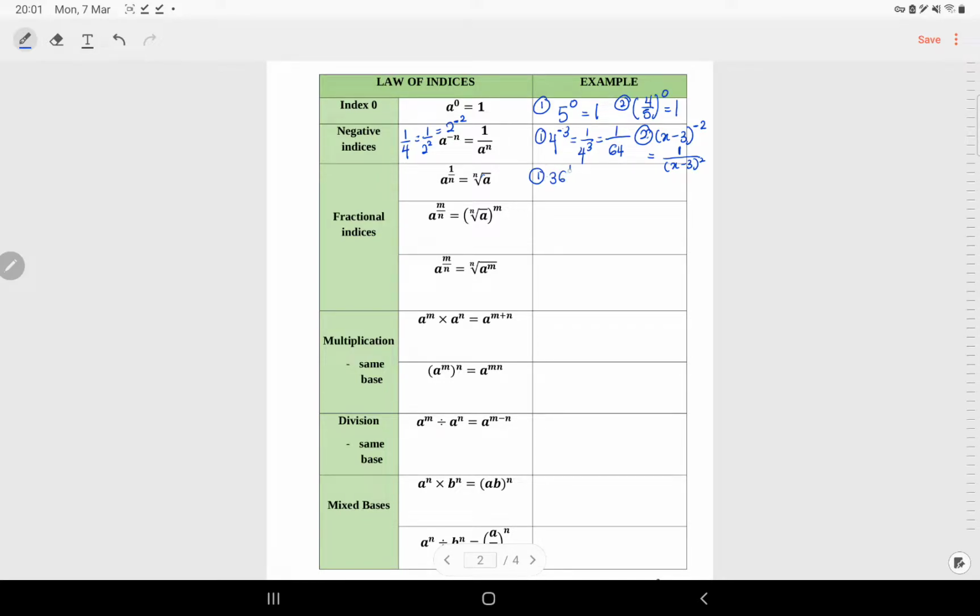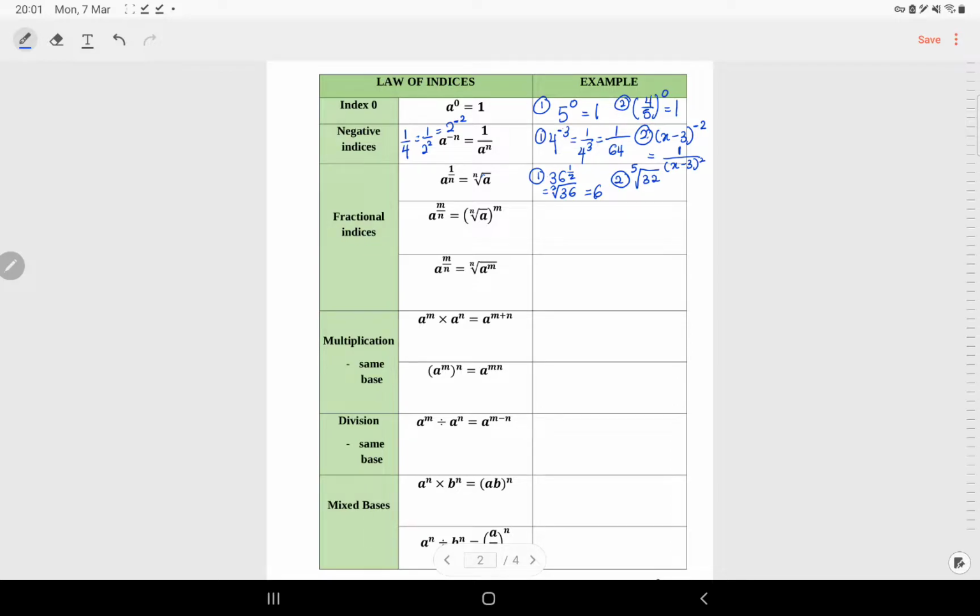An example would be, let's say, 36 to the power half. Power half basically means square root. So this is square root of 36. What is square root of 36? It is 6. Or second example, say root 5 of 32.